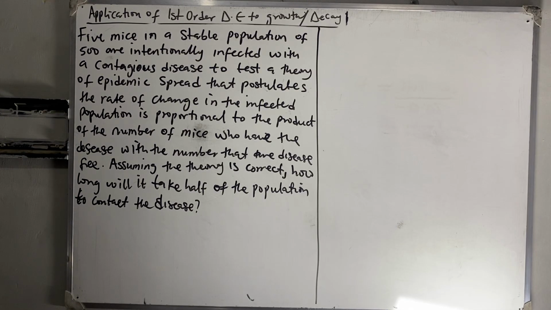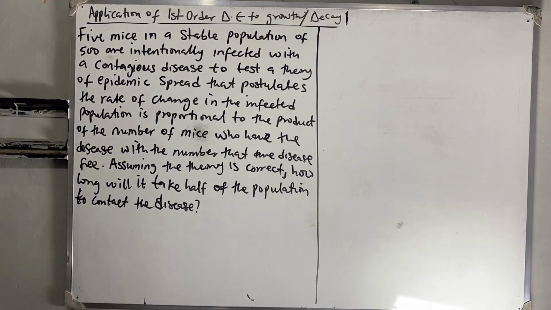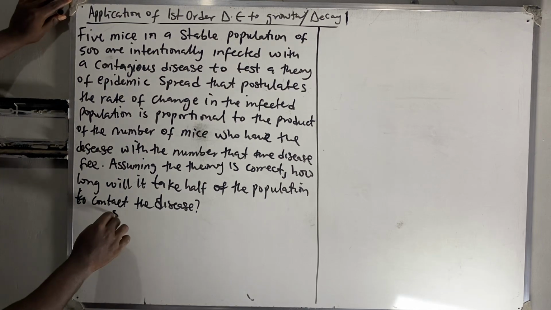They now say that to test a theorem of epidemic spread that postulates the rate of change in the infected population is proportional to the product of the number of mice who have the disease with the number that are disease free. Okay, let us say that solution.